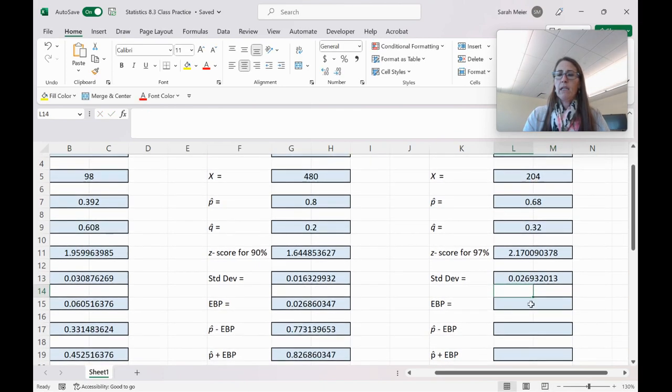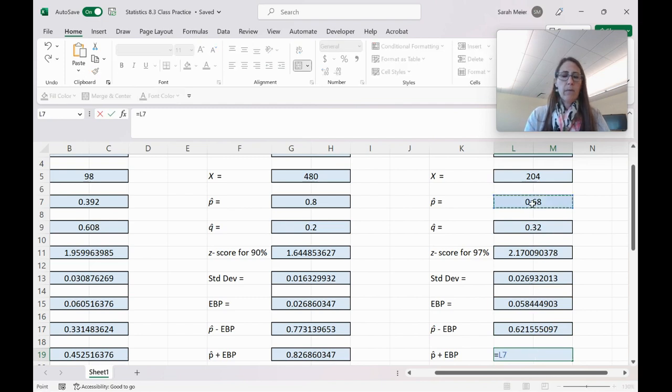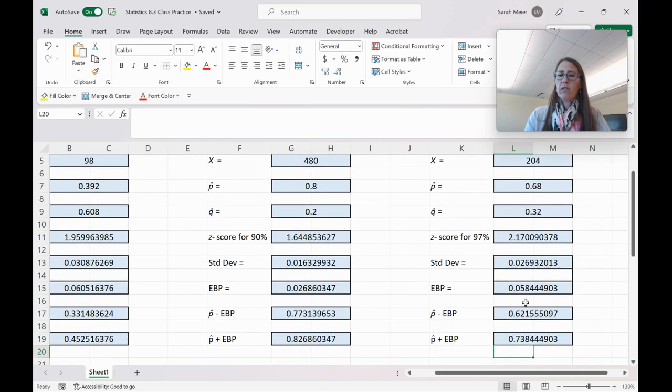And our EBP is our z-score times our standard deviation. So take that 0.68 and subtract off our EBP to get our lower bound, and then take our p hat and add on our error bound to get our upper bound.